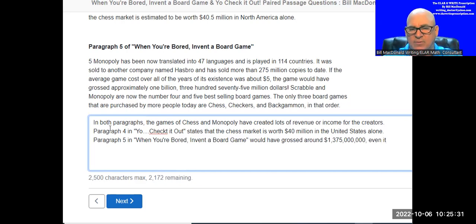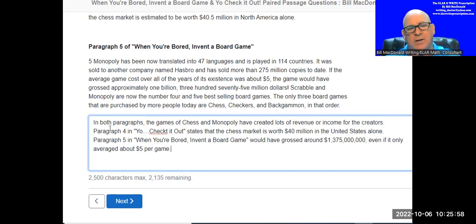Even if it only averaged, oops, you guys can see it, averaged about $5 per game.